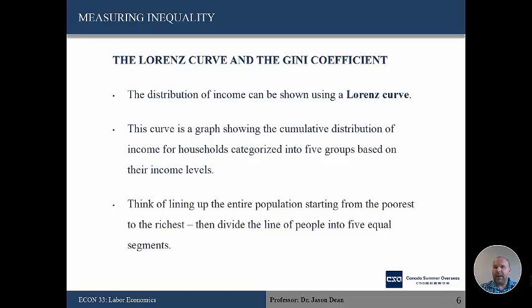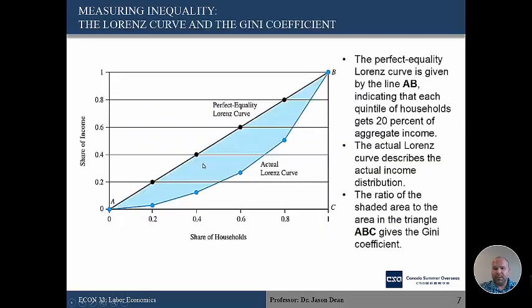You can think of lining up the entire population from the poorest to the richest. So each person has a certain income. You line them up from the poorest to the richest, and then you divide the line up into 5 equal segments. And in each of those segments, you're going to have an average earnings.